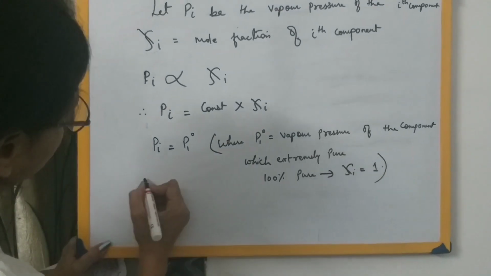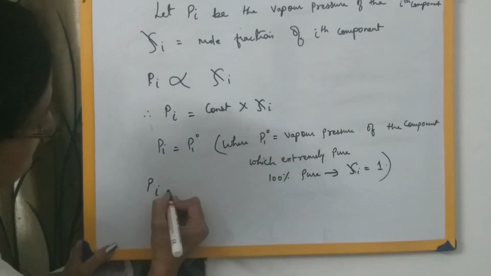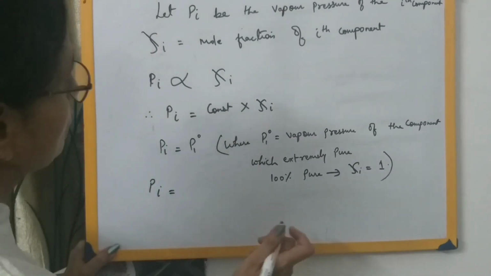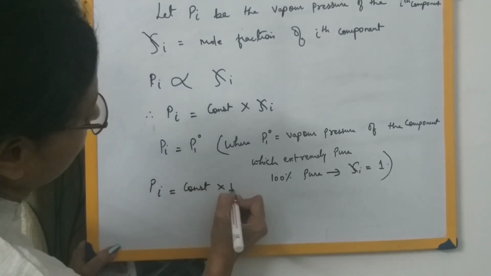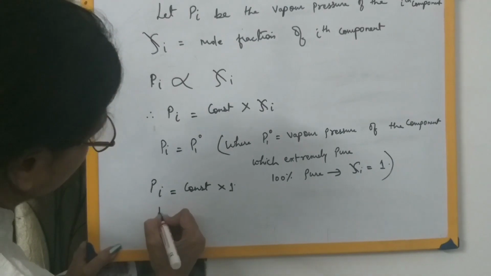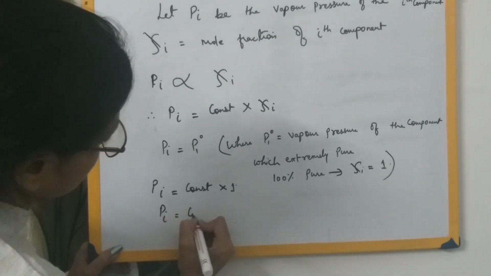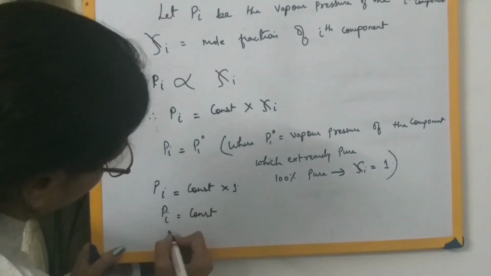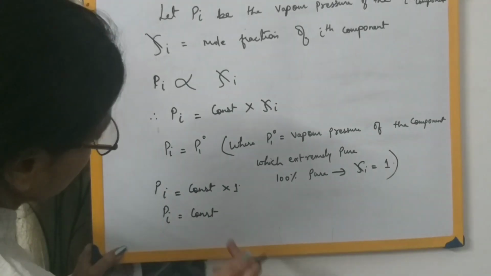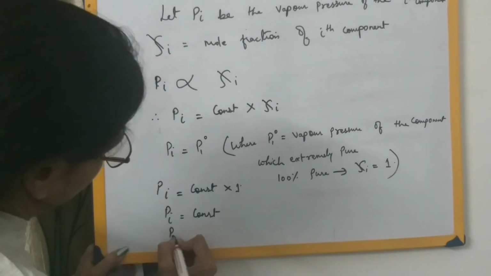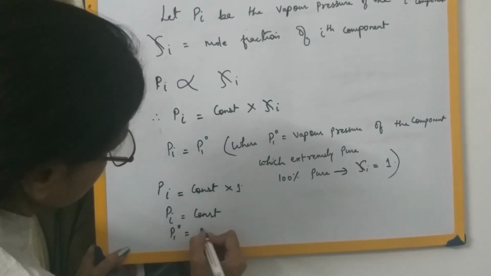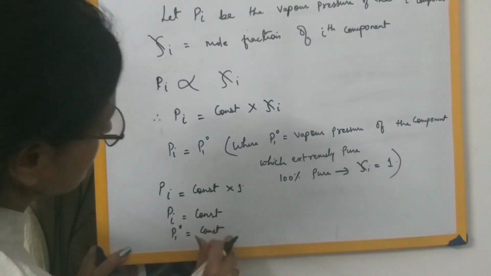So Pi is equal to the constant into 1, so Pi is equal to the constant. Therefore, Pi is also equal to Pi 0, so Pi 0 is equal to the constant.